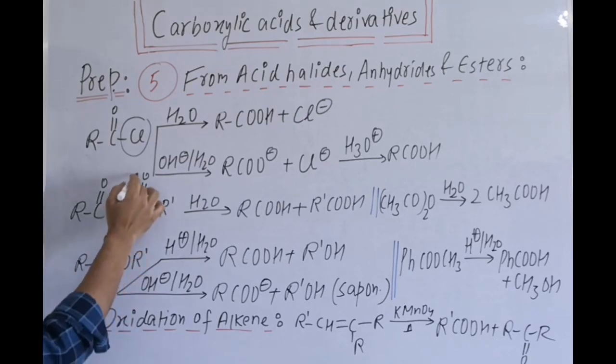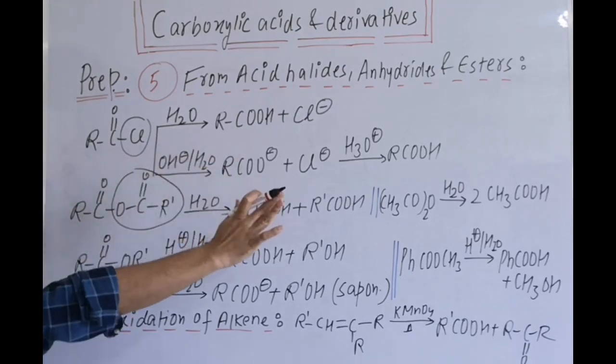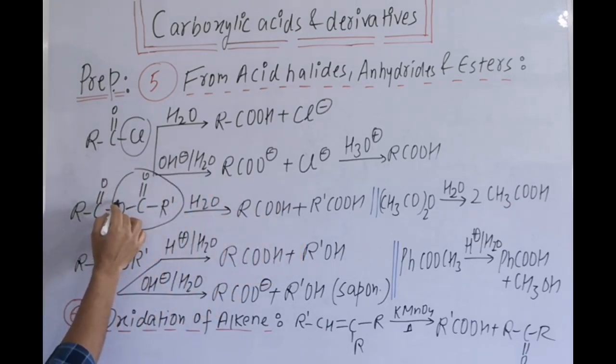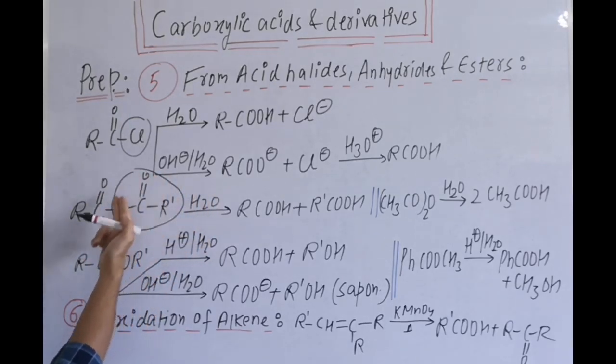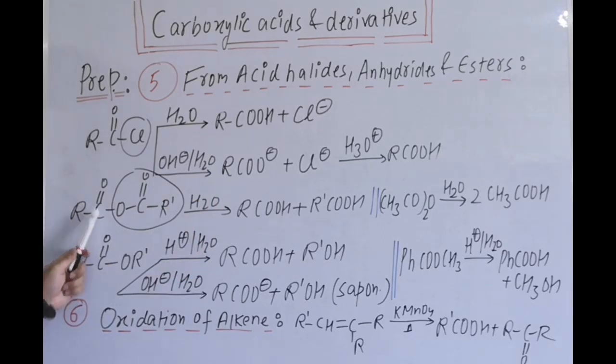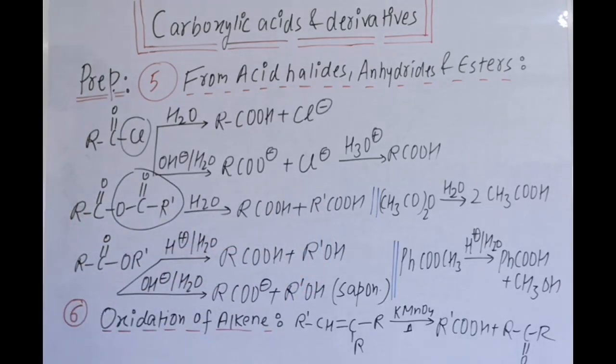Here also you simply understand that in the anhydride, that group is substituted by the OH group, giving RCOOH, and this O will take H plus, because if OH is coming there, H will go there. It is a simple way to understand the reaction. So RC double bond OOH, and R dash C double bond O minus will take H plus and form carboxylic acid. Between these two, more important is acid chloride.